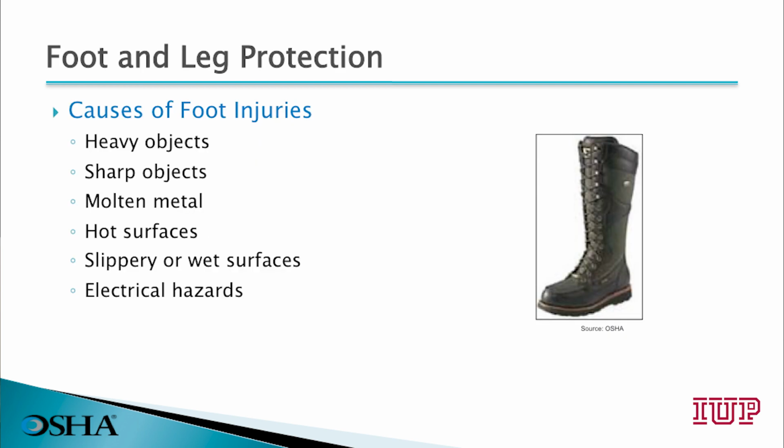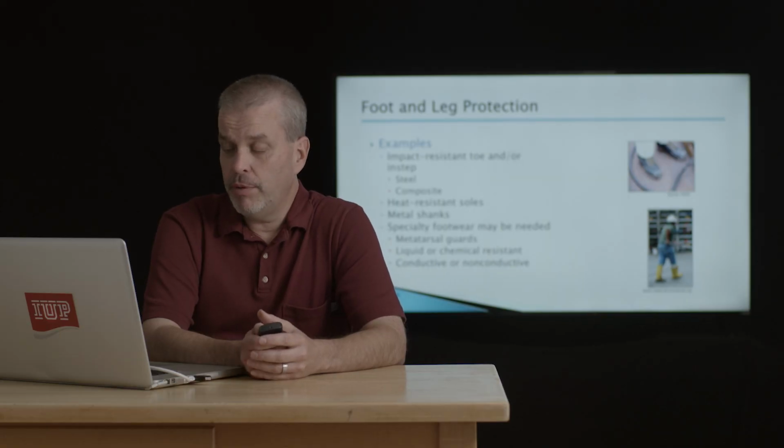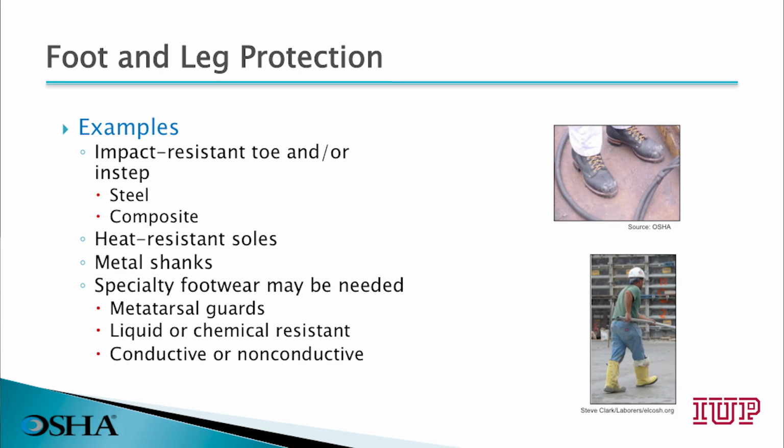Foot and leg protection can protect you against injuries resulting from heavy objects or sharp objects, molten metals, heated surfaces, slippery or wet surfaces, or electrical hazards. Examples of personal protective equipment for your feet include impact-resistant toe or insteps, including a steel or composite cap built into your work boot, heat-resistant soles, metal shanks, or specialty footwear.